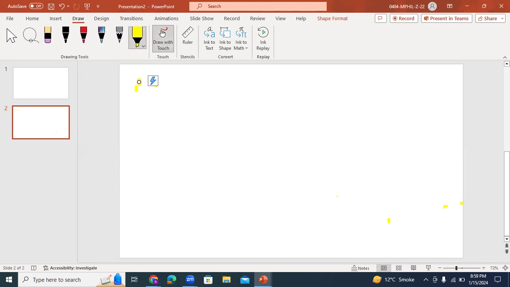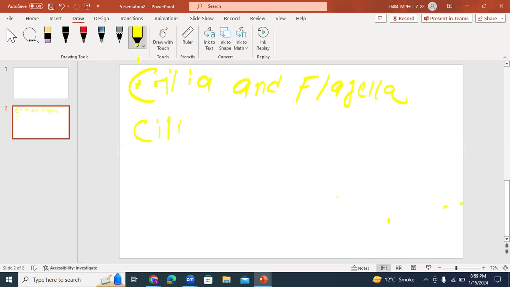How can we differentiate these two structures?